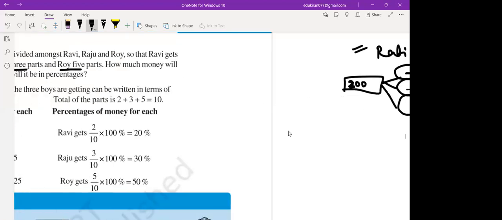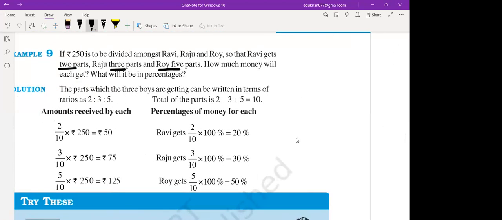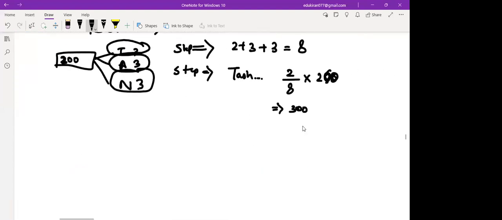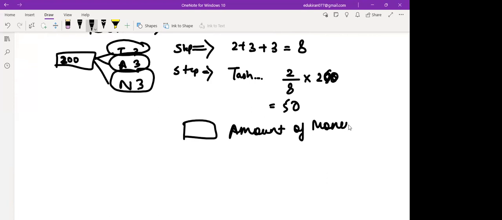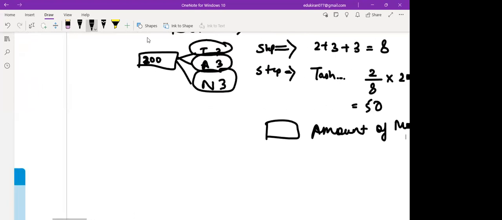Now, whatever answer you get, for example, we solve it and you got 50 rupees. Clear? So this is basically the amount of money Tashin got. That means out of this 200 rupees, Tashin got 50 rupees.